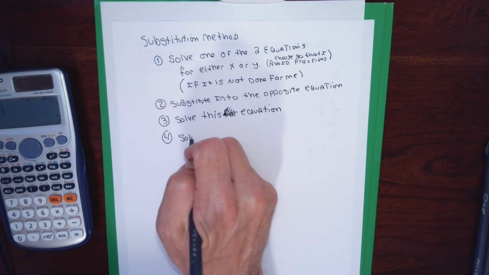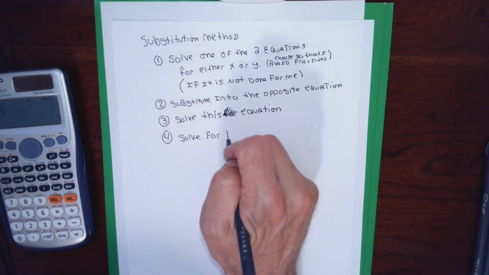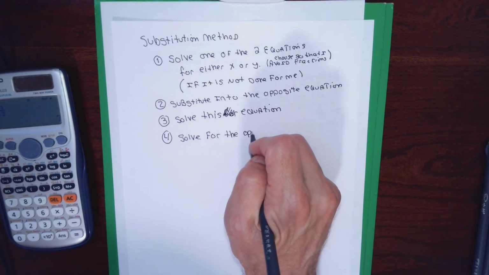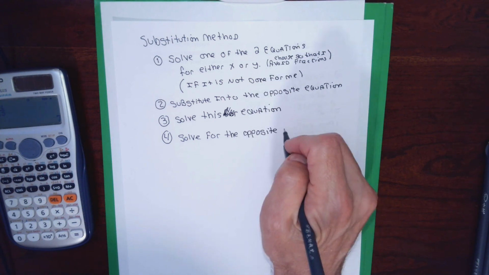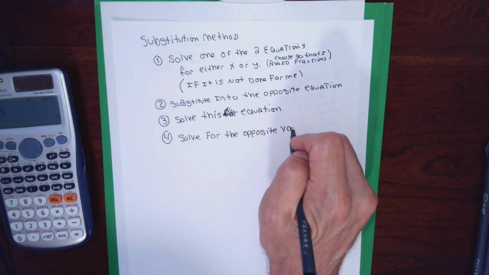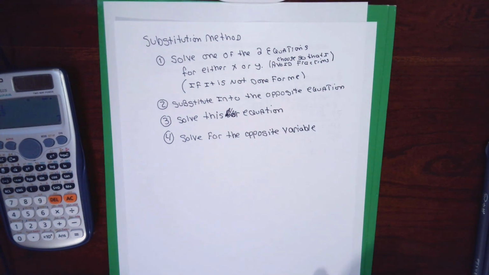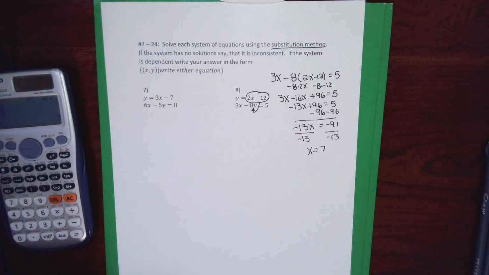And now I'm going to solve for the opposite variable. I have an answer for x, I need to get an answer for y. It turns out that I can use any equation that exists in this problem to solve for the opposite variable, but I might as well use the equation that solved for y.